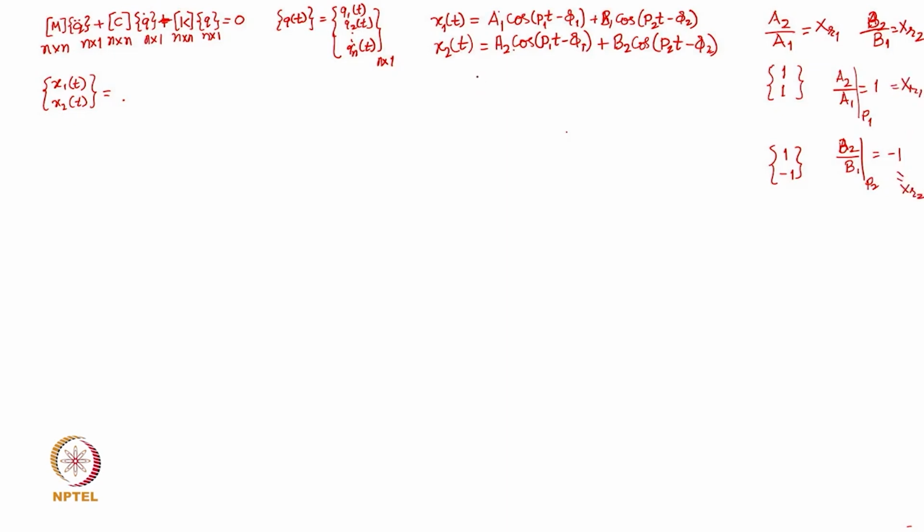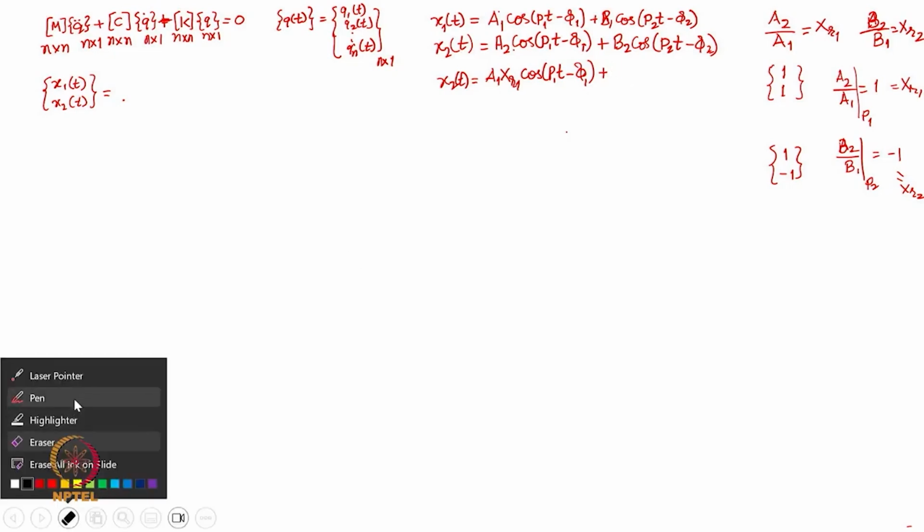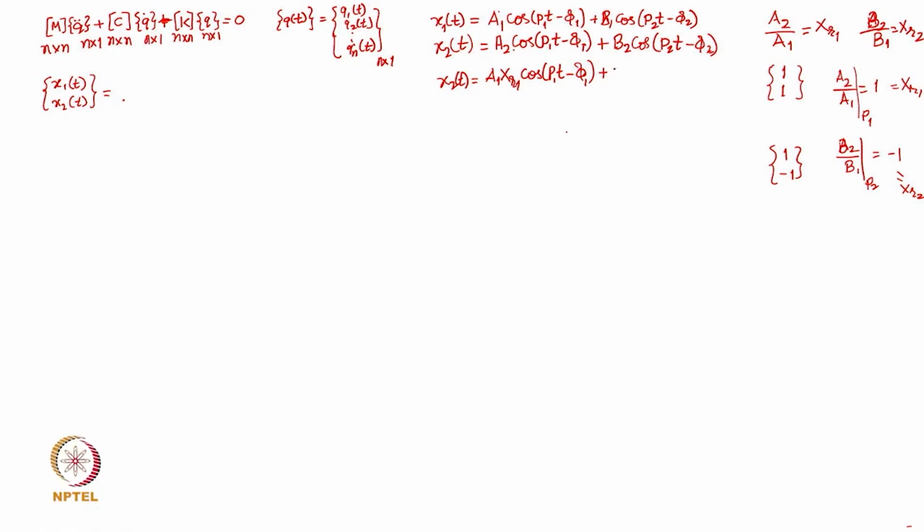Okay, that is what changes this x2 equation now. The x2 equation will be written as A1 times XR1 cos(P1 t minus phi 1) plus B1 XR2 cos(P2 t minus phi 2).